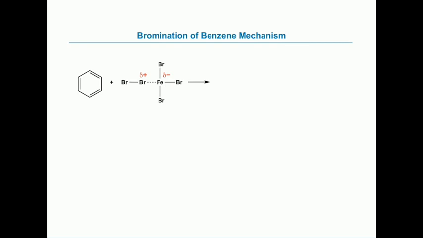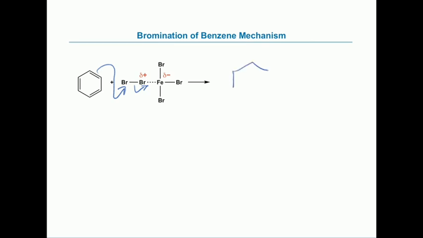So now we have enough energy built into the system to allow nucleophilic attack on our bromine and then displacement of that bond. The purpose of this is to basically make effectively Br plus completely without anything else to support it. It's a very electrophilic form of Br plus effectively.